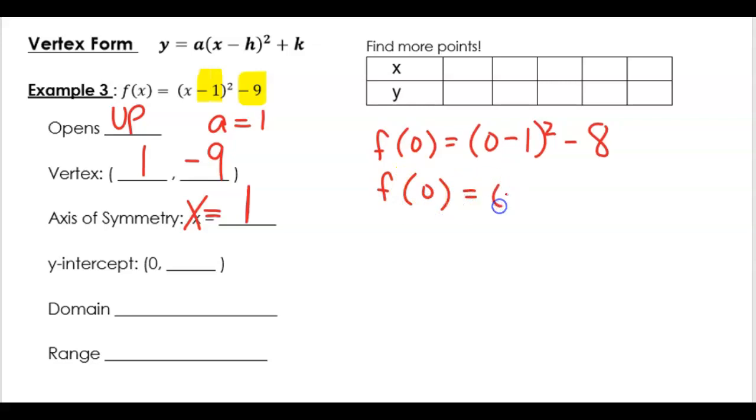So that would be -1 squared minus 8. -1 times -1 is +1. And so this number right here is... now what?